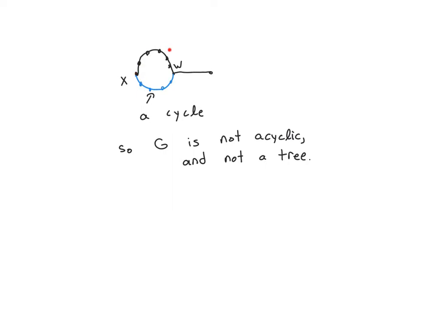Well, then take a union of these two parts of the paths, and you see what I drew is a cycle. So by being slightly more careful, we see that you do in fact get a cycle. So G is not acyclic and therefore not a tree. If you have at least two paths, you must have a cycle somewhere in the graph.